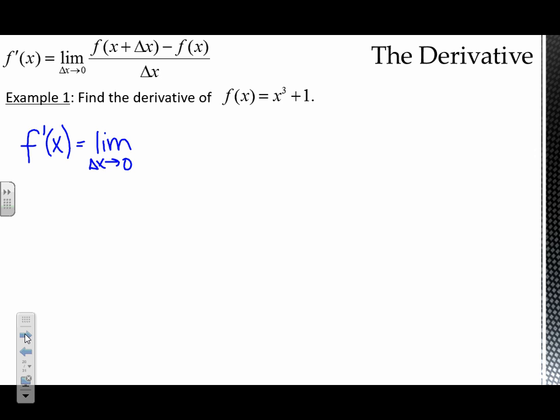So let's remember how we do this, okay? f of x plus delta x, that's (x plus delta x) cubed plus 1, minus f of x, all over delta x.